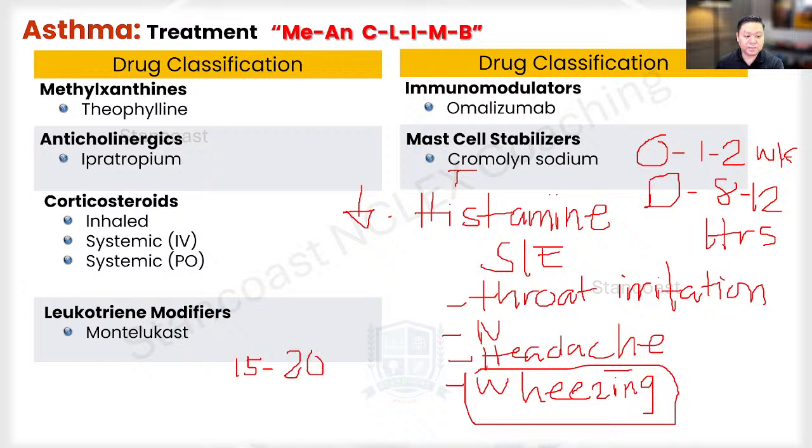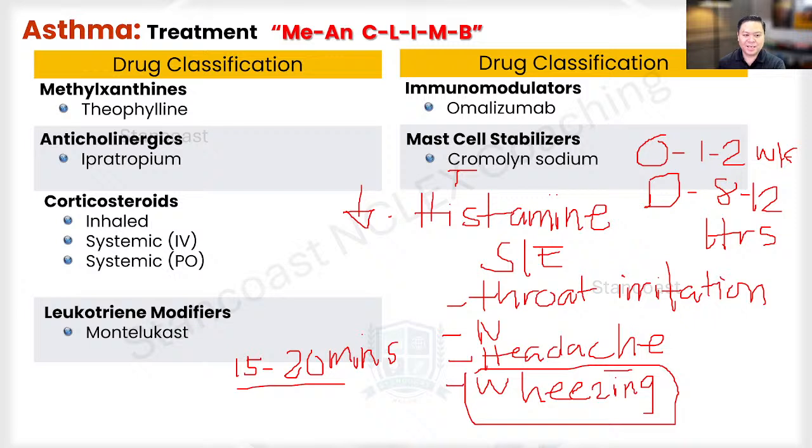15 to 20 minutes. So make sure that you instruct the patient that before they engage in an activity, maybe if they're going outside and there would be exposure to that known allergen, then they definitely need to self-administer the medication at least 15 to 20 minutes before they expose themselves to that asthma trigger.